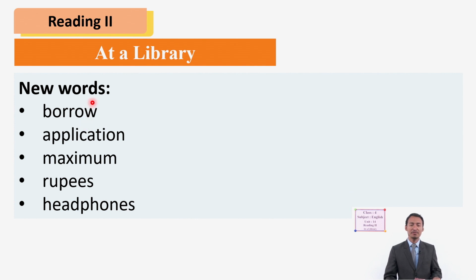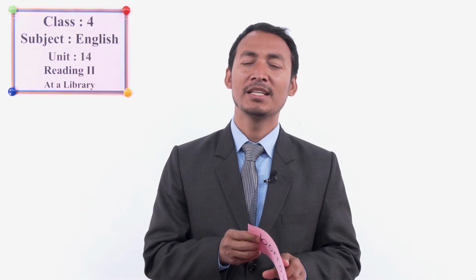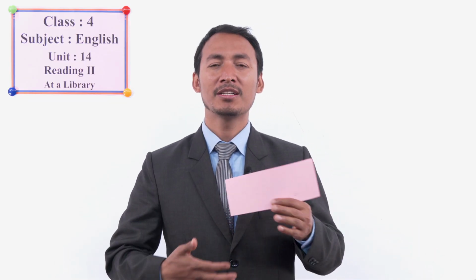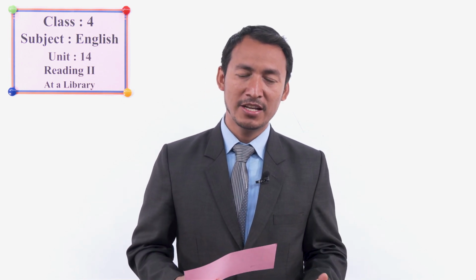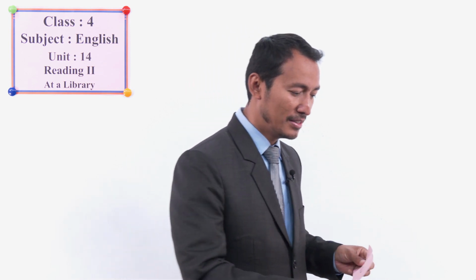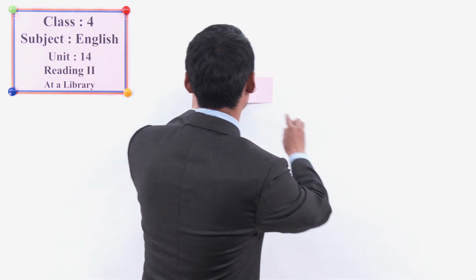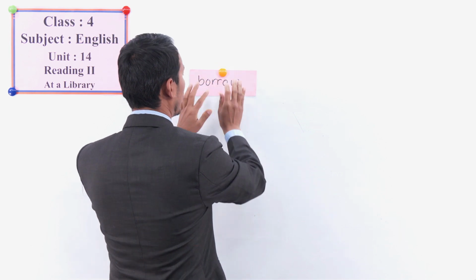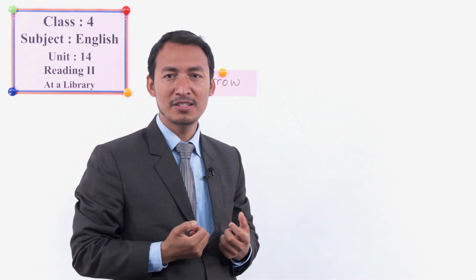So I'll give you some ideas. The first word, borrow. The word borrow means that you are taking a book for a certain period of time, and not taking it permanently. You are taking it temporarily, and you have to give it back when you borrow someone's thing.